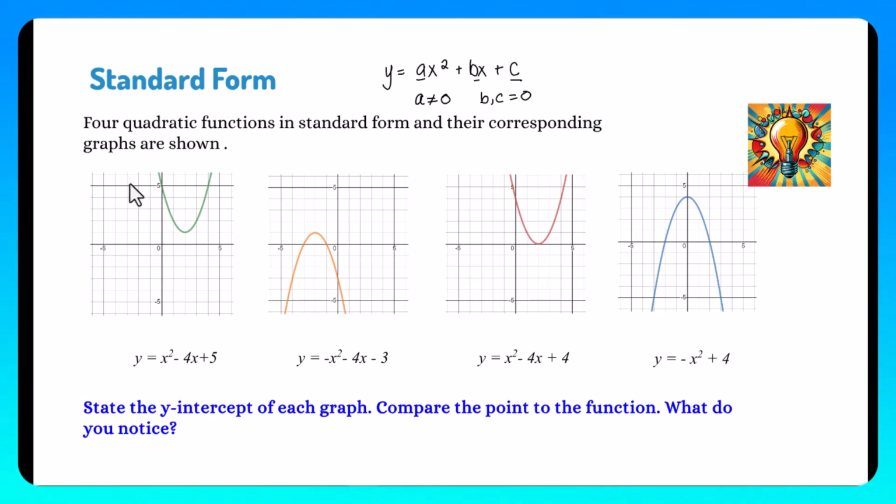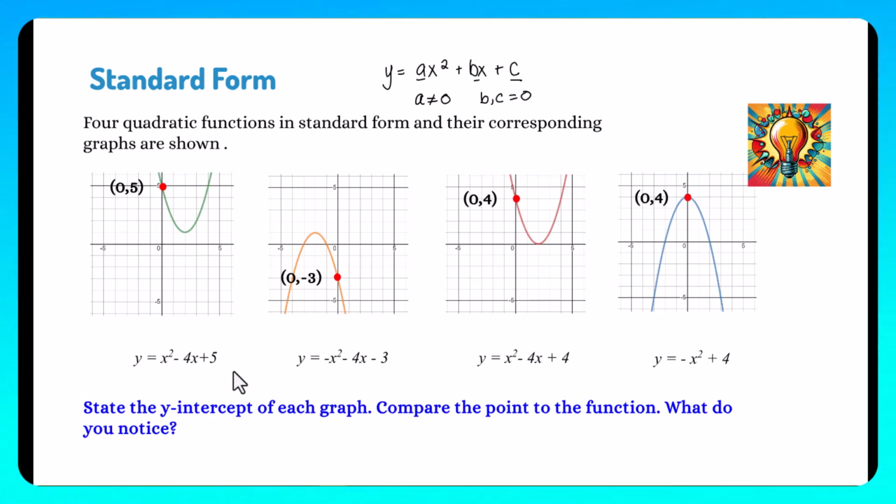So what we have here are 4 graphs with their corresponding equations below. It's asking us to state the y-intercept of each graph and compare the point to the function, and asking, what do we notice? Well, the first thing, let's get those y-intercepts with their ordered pair written in.